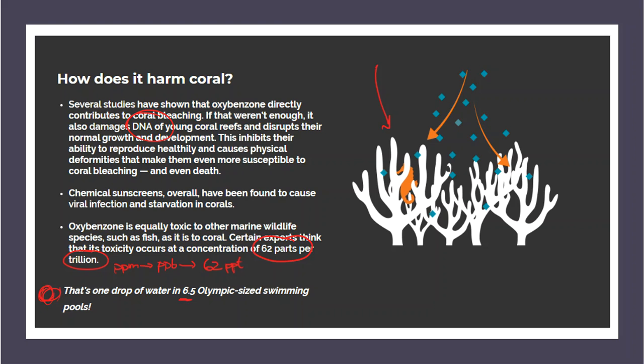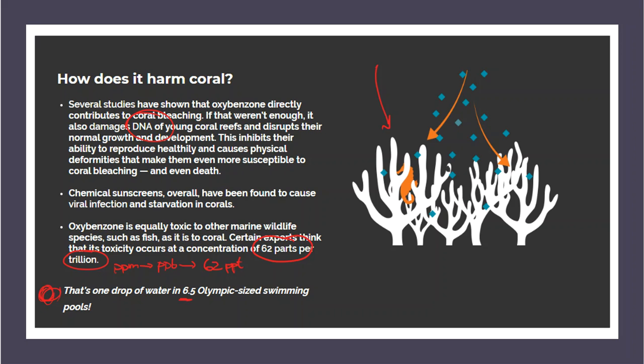We actually have studies now that show that oxybenzone does funny things to things like fish. And we also have studies that show oxybenzone does funny things to humans. Oh, okay.